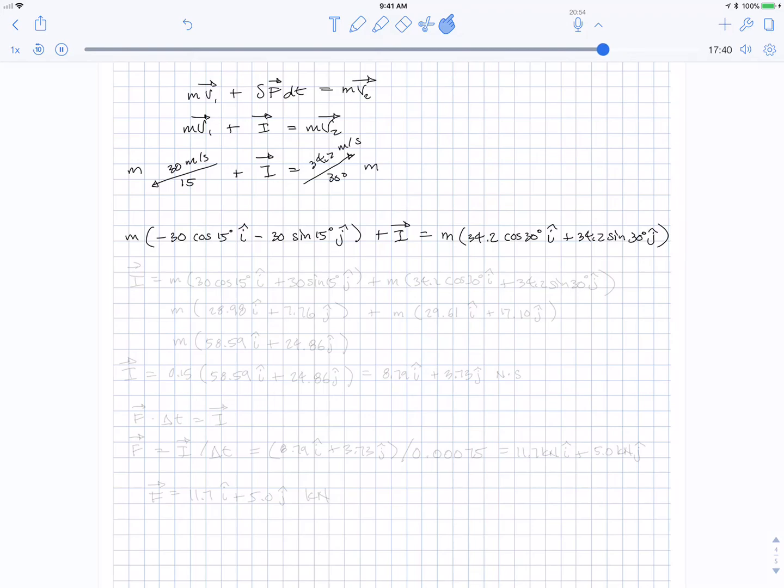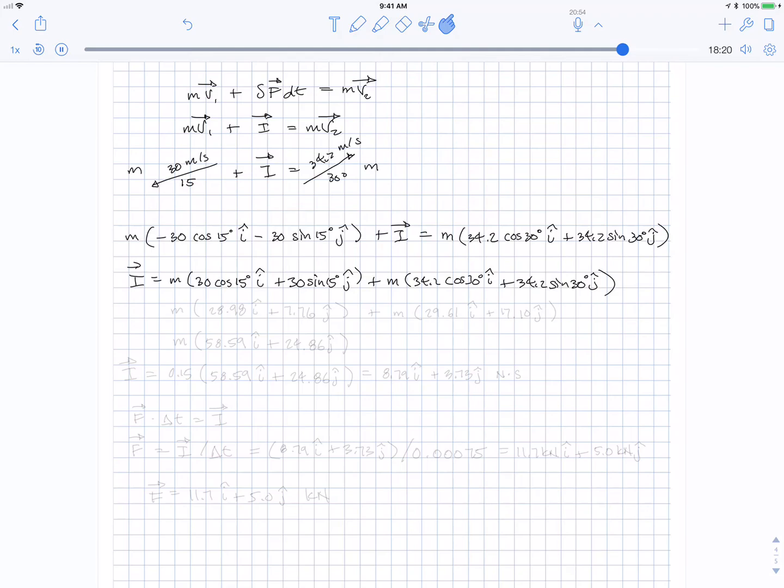So you solve for I. So you bring this to the other side, so you have m times 30 cos 15 degrees i plus 30 sine 15 degrees j plus m times 34.2 cos 30 degrees i plus 34.2 sine 30 degrees j. And let me punch that out and get back to you.